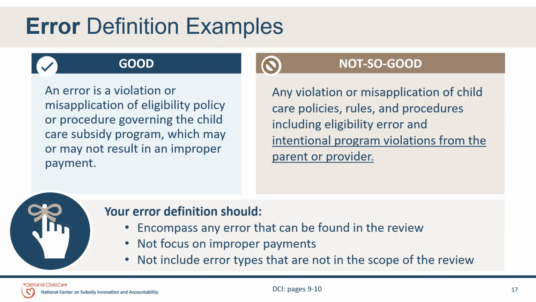It's because of that last part where it mentions intentional program violations, and these types of errors are not included in the scope of this review. So if you were to submit your SDAP with a definition like that, we would send it back to you for revision.